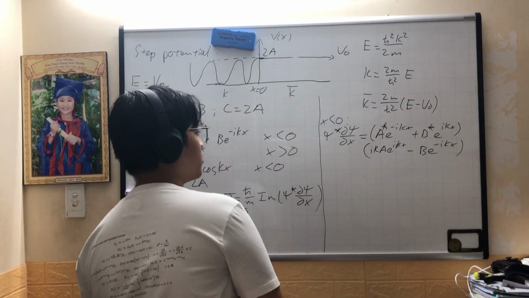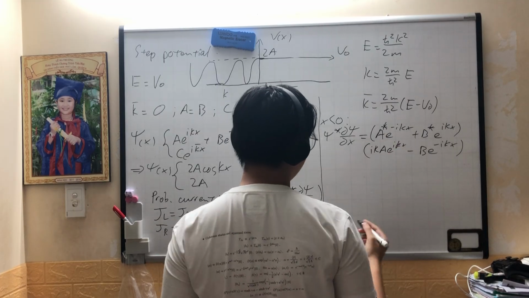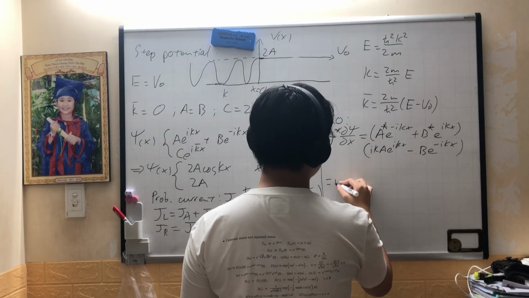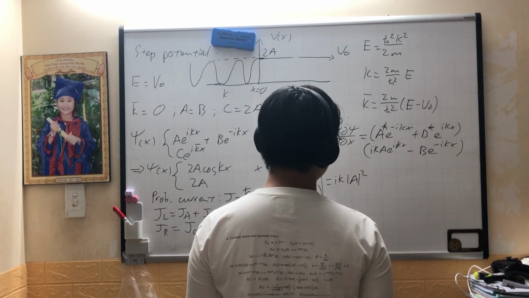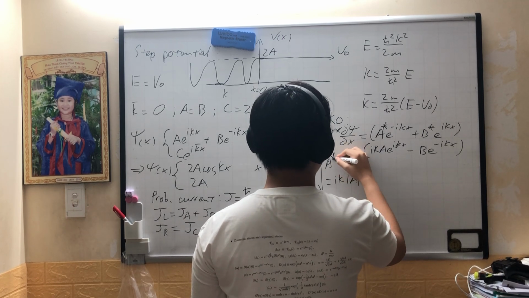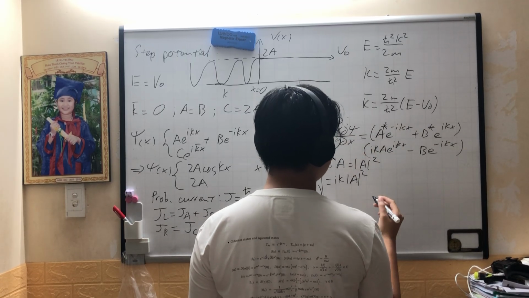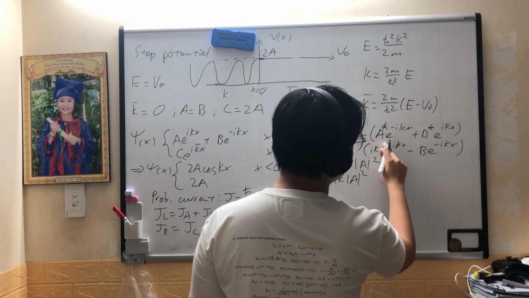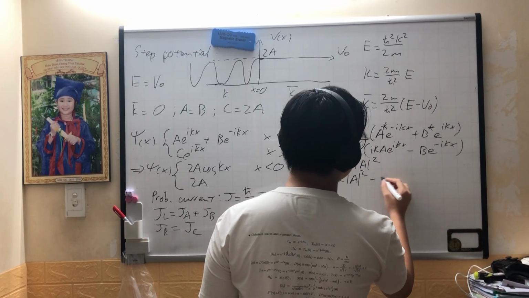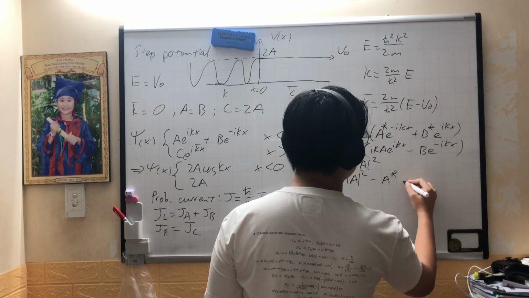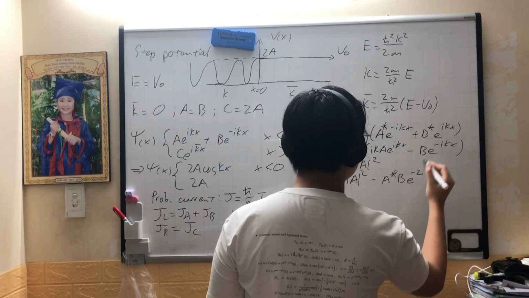Now let's do the distribution. This and this cancel, leaving us with ik times the absolute value of A squared, since this times this gives the absolute value. Next term is this and that, which yields minus A star B e to the minus 2ikx.